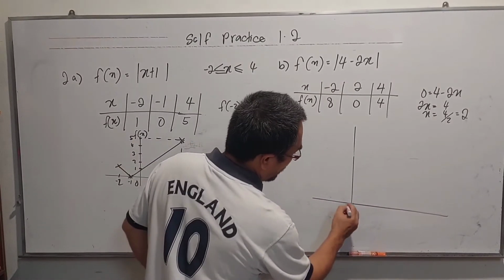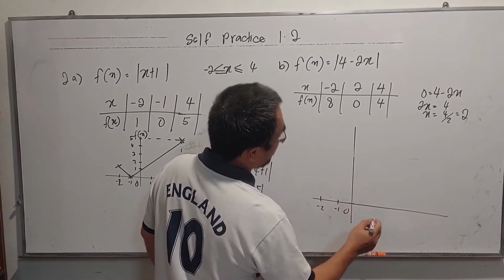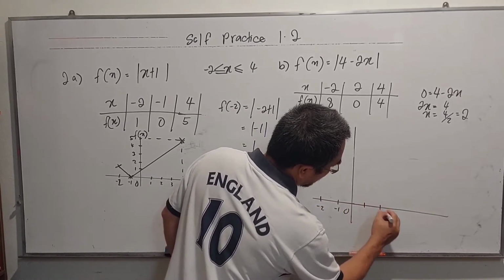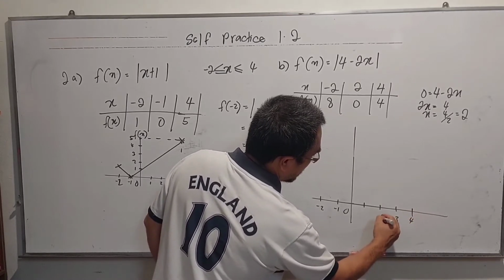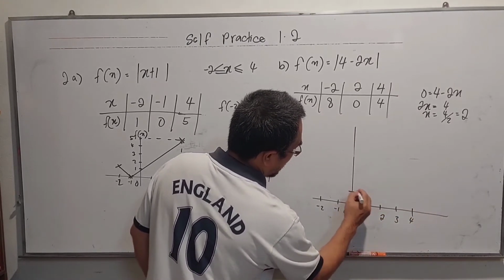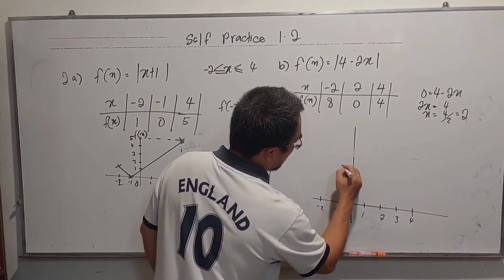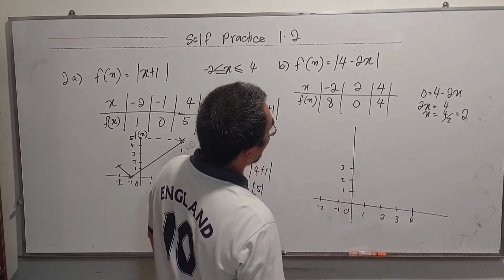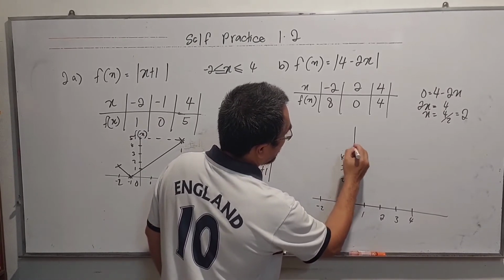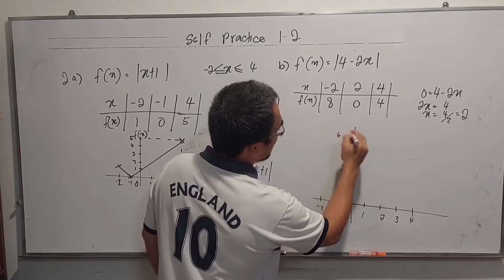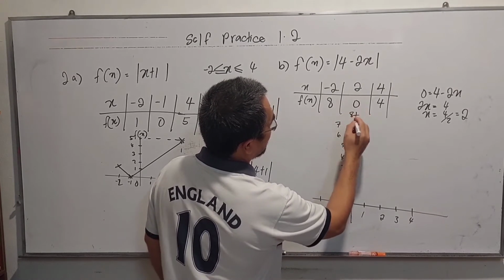Okay, 0, negative 1, negative 2, 1, 2, 3, 4. 4, 3, 2, 1, and then 1, 2, 3. Oops, we want until 8. 4, 5, 6, 7, 8.